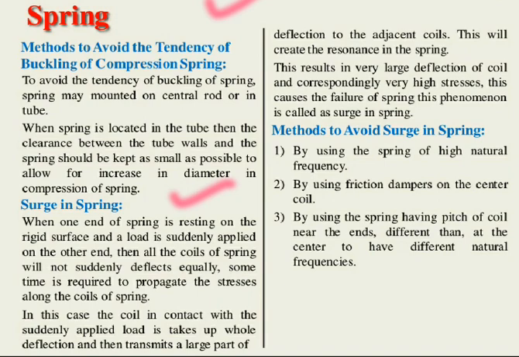This results in very large deflection of the coils and correspondingly very high stresses. It causes the failure of the spring. Due to this phenomenon, a large deflection of the coil is produced, and due to that a high stress is also produced, and hence failure of the spring occurs. This whole phenomenon is called surge in spring.